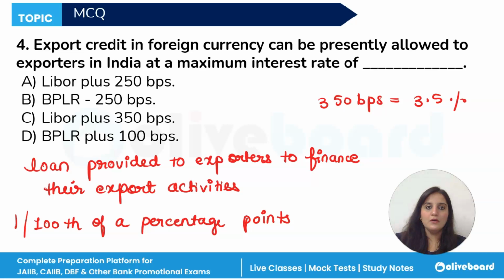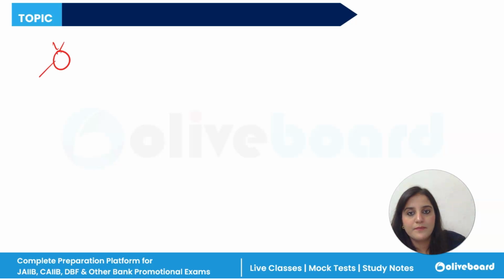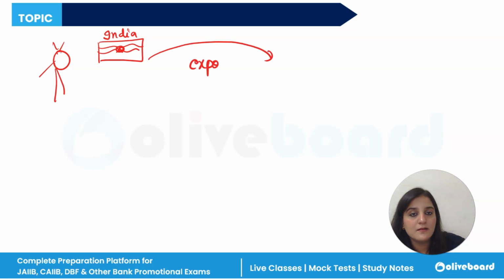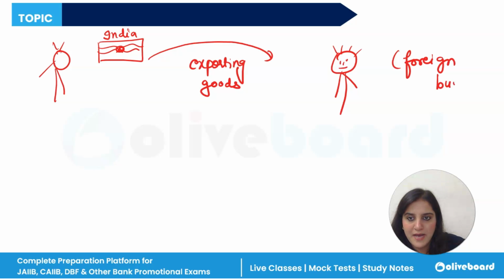Okay. Now here we can take an example. Suppose there is an exporter in India, exporting goods to a foreign buyer.